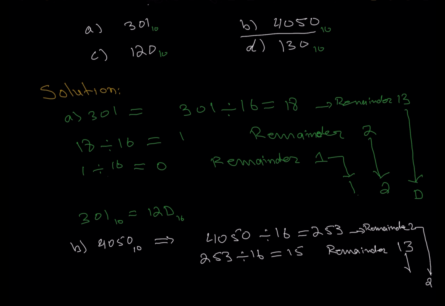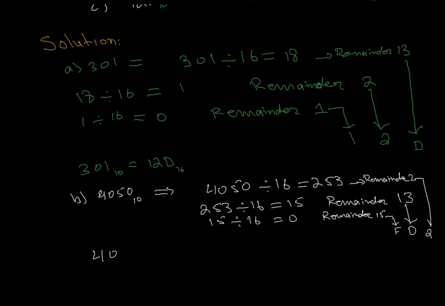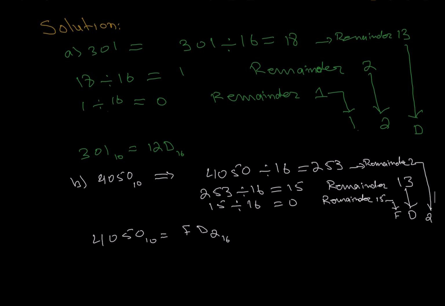You bring 13 down. For 13 the equivalent hexadecimal number is D. Now we have 15 divided by 16. It's 0, not possible here. The remainder will be 15, and 15 is F in hexadecimal. So the answer here is FD2. So 4050 base 10 is equal to FD2 base 16. So that's how we get it.